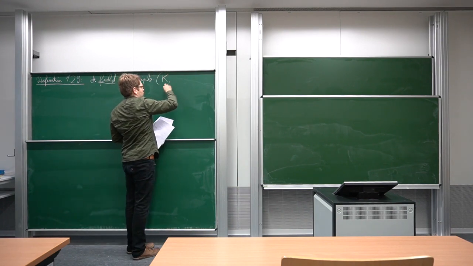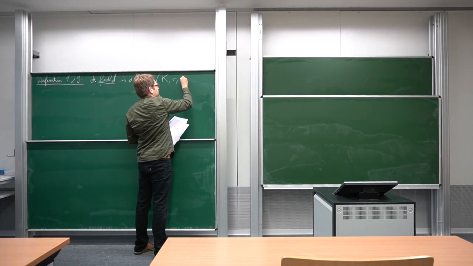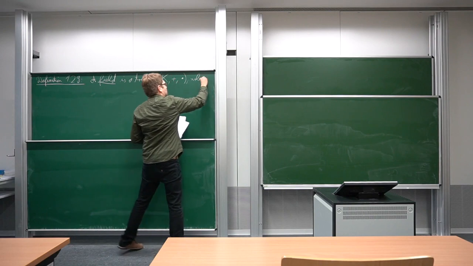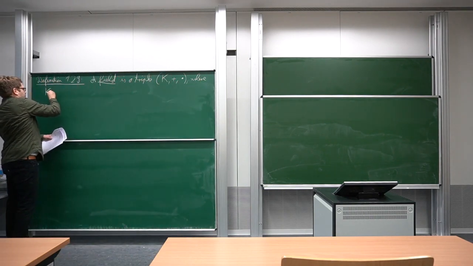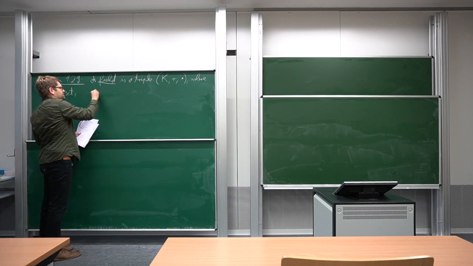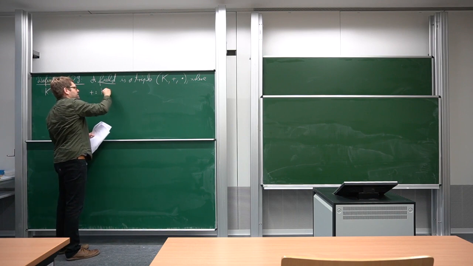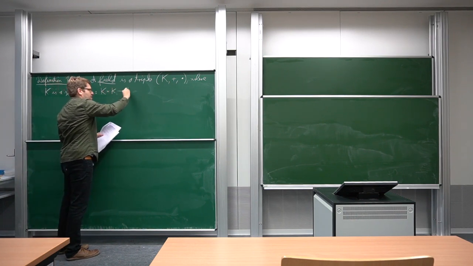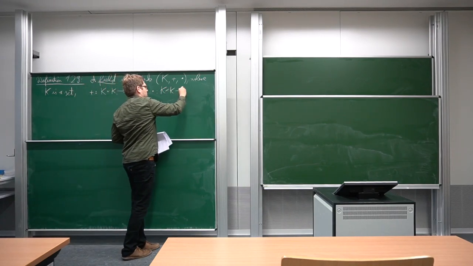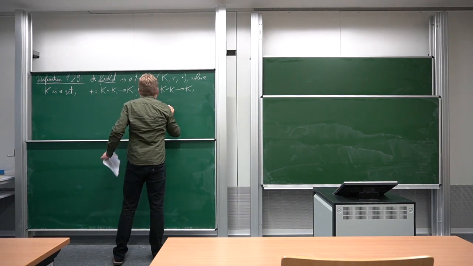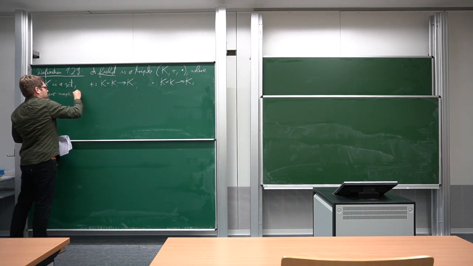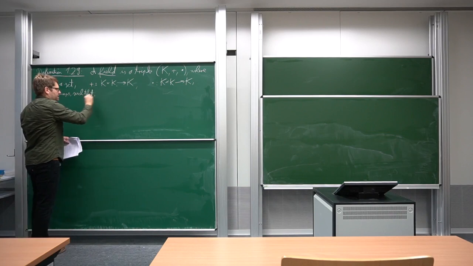So we have K, which is again a set. We have an addition and a multiplication, so formally just two operations, where K is a set, and we have plus and dot as maps which take two elements of K and return an element of K. So where this is a set and these are maps, such that the following holds.